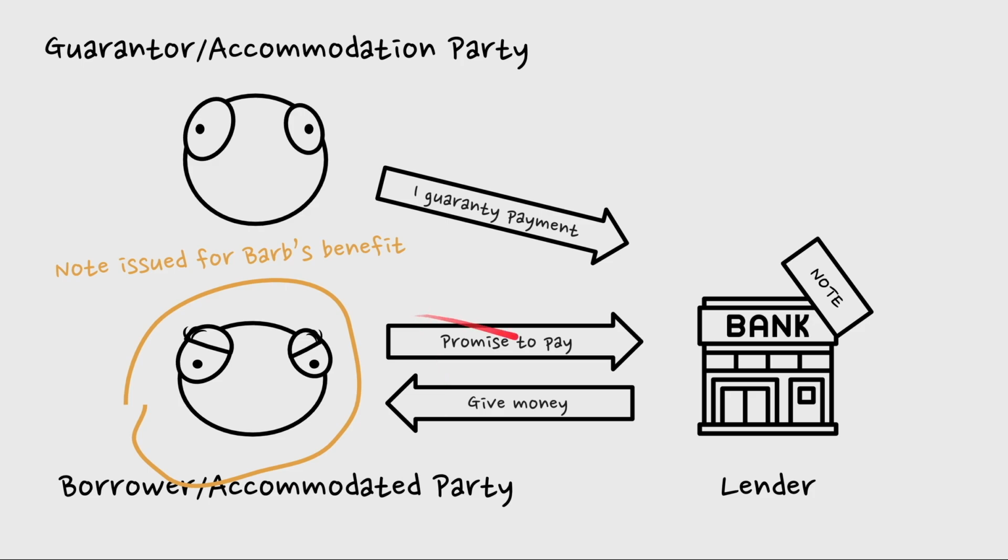The money for this loan transaction is going to her. That's what it means when it says the value. Well, the value is being given to Barb, right? So she's the one deriving benefit from the note.